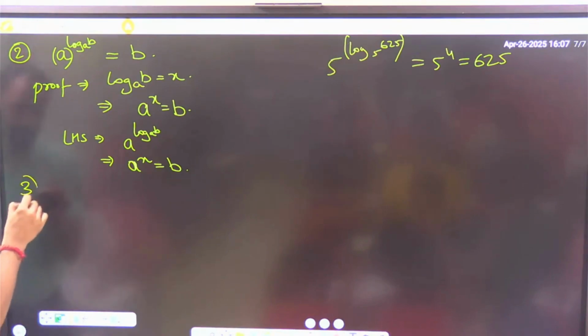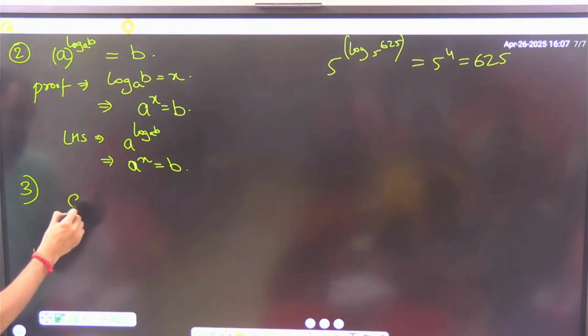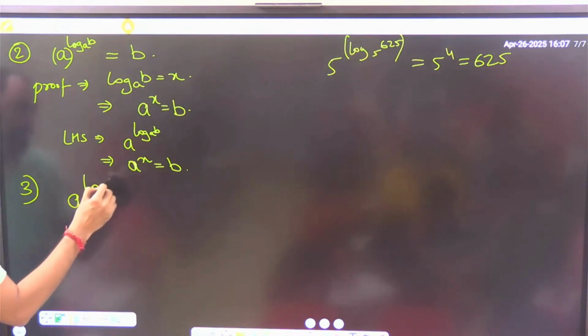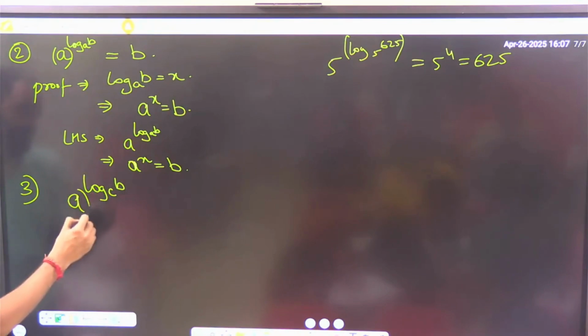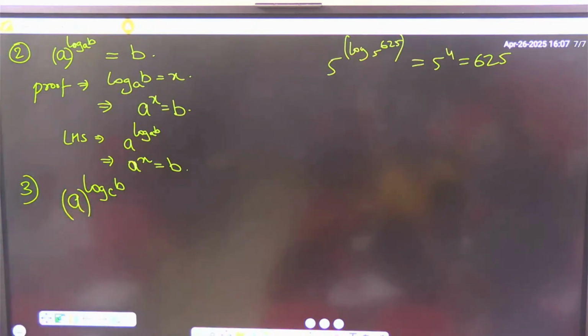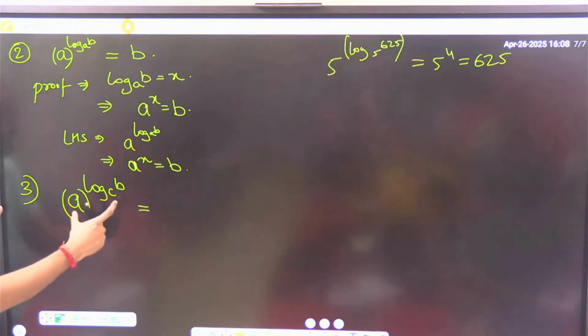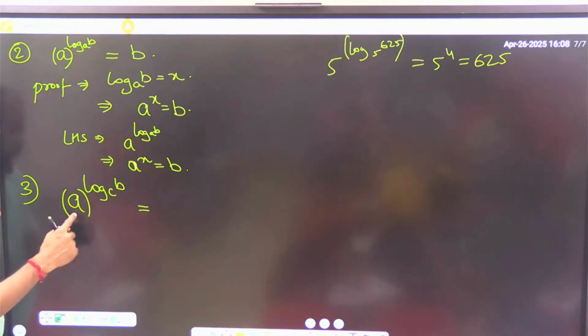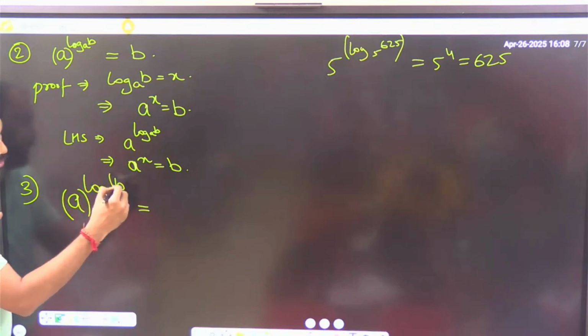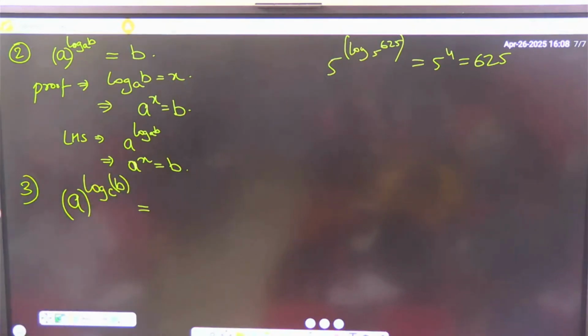Okay. Next, a to the power log b to the base c. अब base same नहीं है. The base is a and the power is c. Now they are not the same anymore. So now the property over here is, in an expression of this form, the number in the base and the number inside the log are always interchangeable.